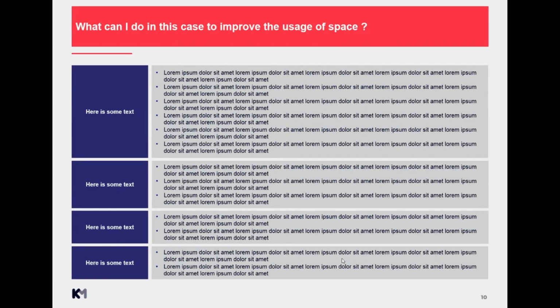What could we do in this case to improve the usage of the space? So as you can see in here, the first issue is that we give quite a lot of space to this side heading, which doesn't actually require a lot of space. And then we have a rather small font size in the rest of the text.